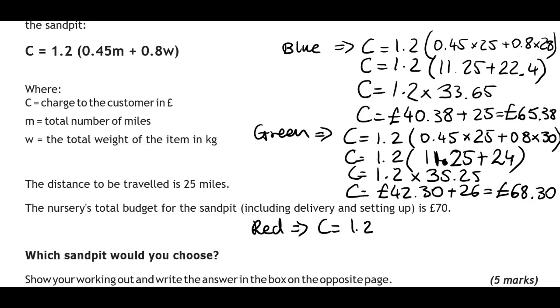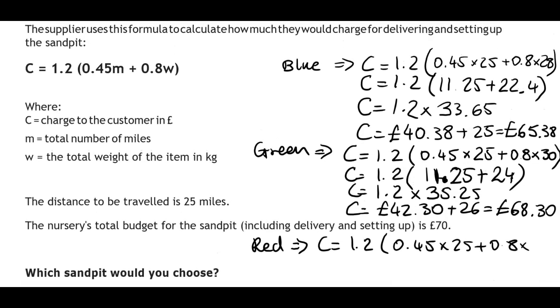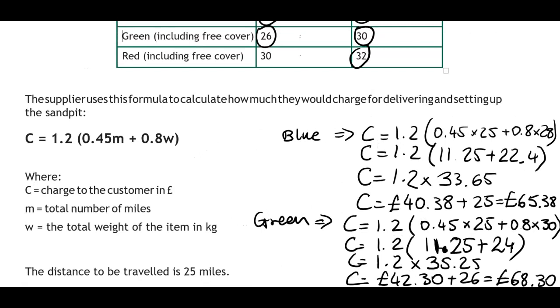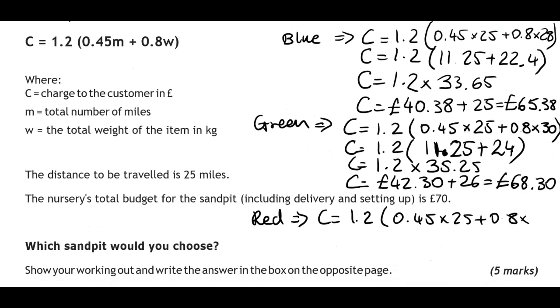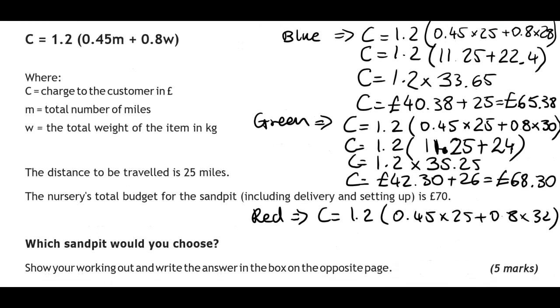C is equal to 1.2 times 0.45 times 25 plus 0.8 times 32. £25.6.